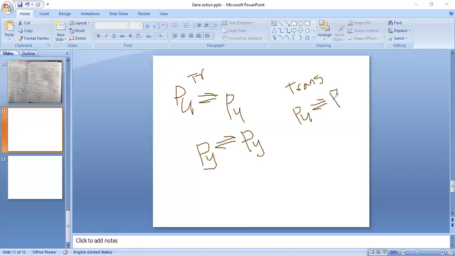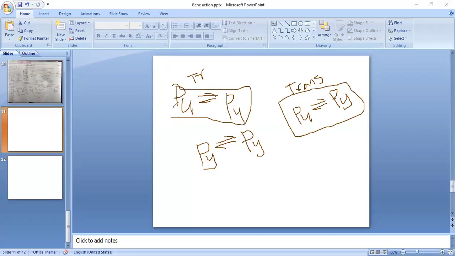So unlike bases, the substitution takes place between unlike bases. So purine is replaced with pyrimidine, or pyrimidine is replaced with purine. Such types of point mutations are called transversions. Is it clear?